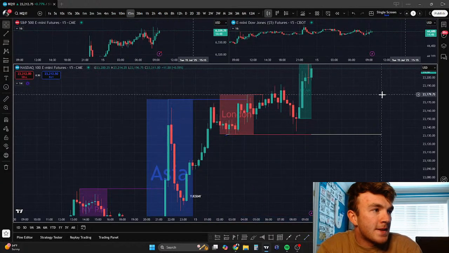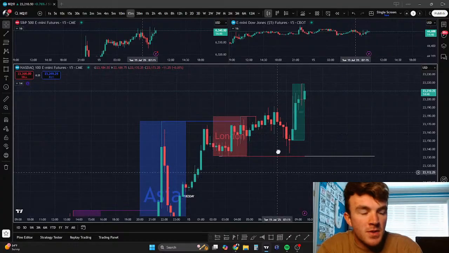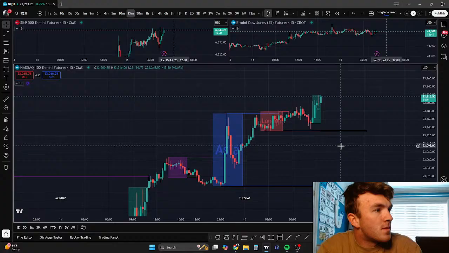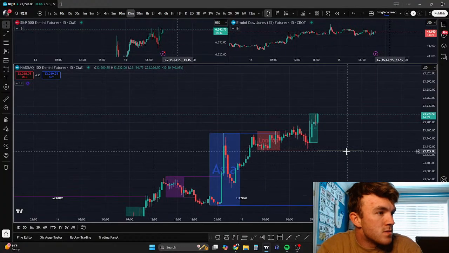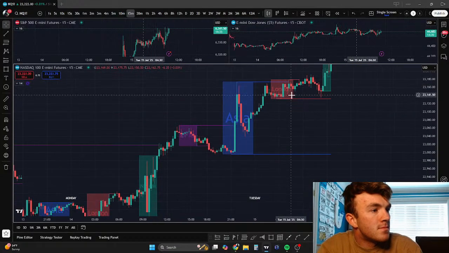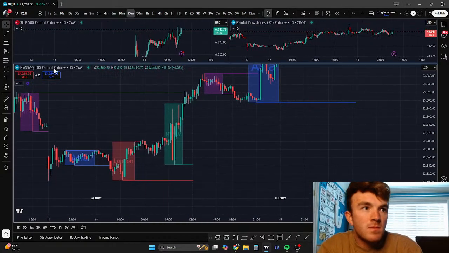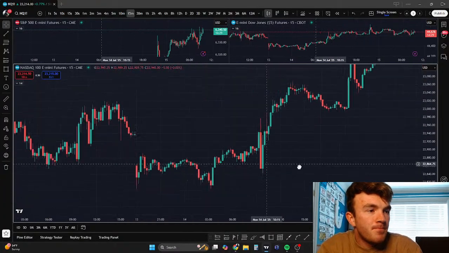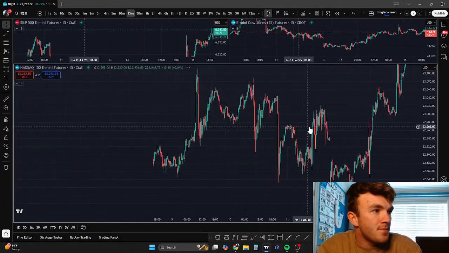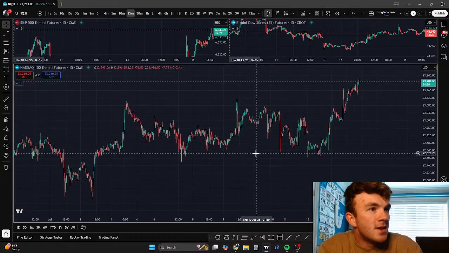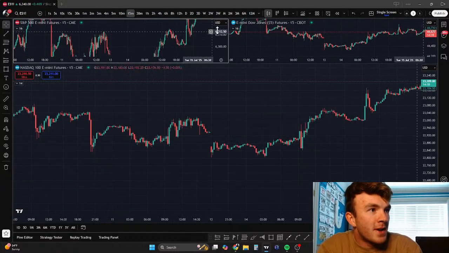We are expanding higher, so we don't necessarily need to go there. Yeah, remember how I said yesterday how these highs were going to be low resistance? Well, look at that. Market ran right through those.